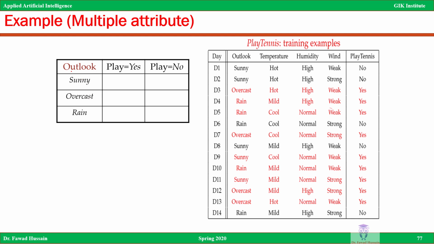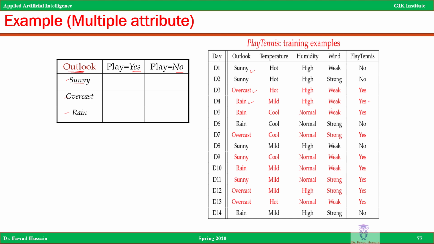In this case, we are trying to compute the probabilities for the attribute outlook. We have three possible values for outlook: sunny, overcast and rain. We have listed them here, and the categories can be yes and no. Now we are just going to plug in all the probabilities. What's the probability that it's going to be sunny if the category is yes?